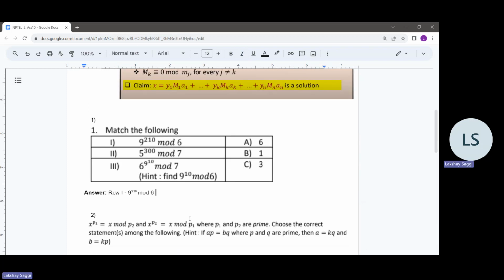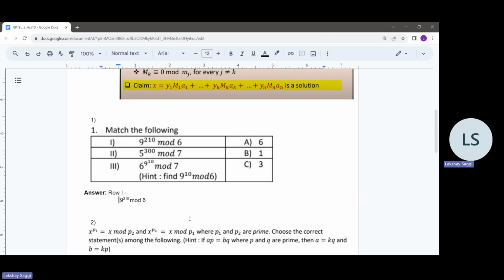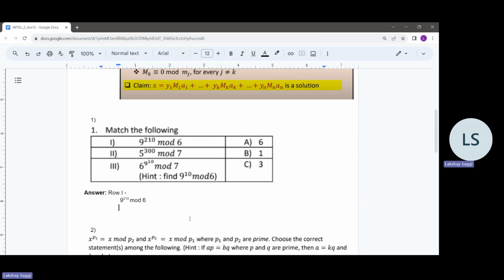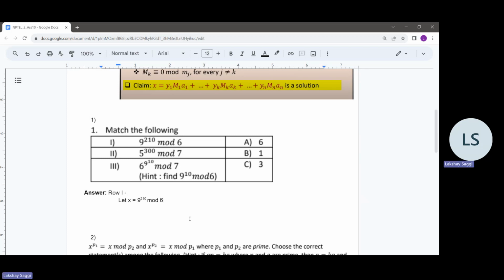So we have to find the value of 9 raised to power 210 mod 6, right? So maybe I'll just put row 1 here. What we'll do is let x be equal to something like this. Now we know that 6 is equal to 2 times 3.